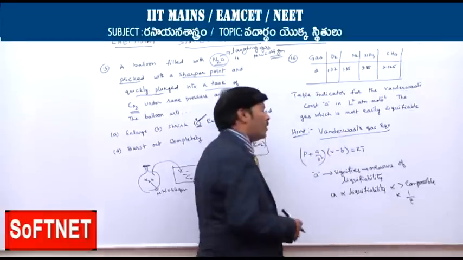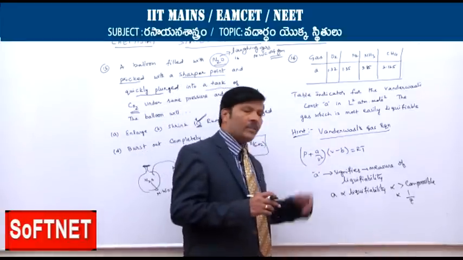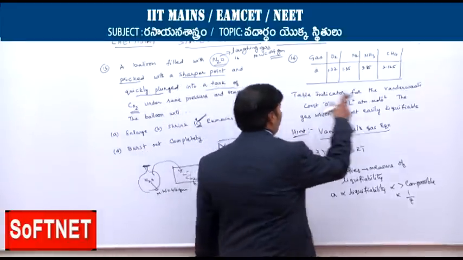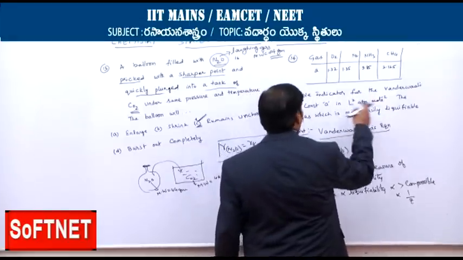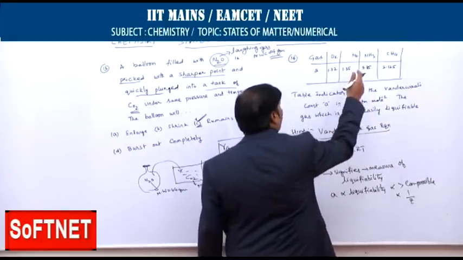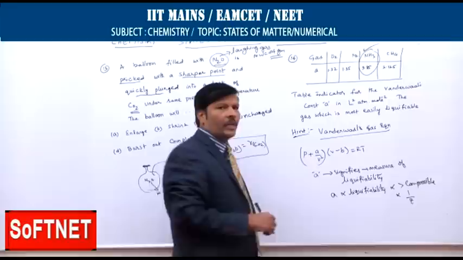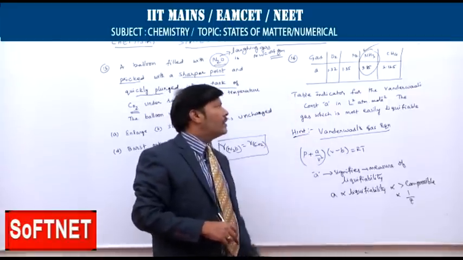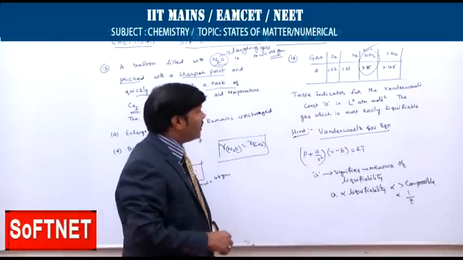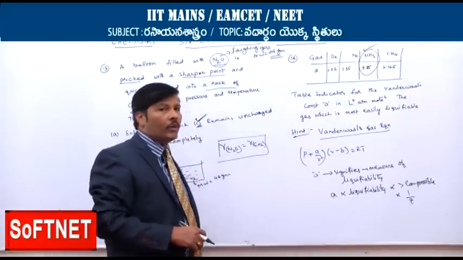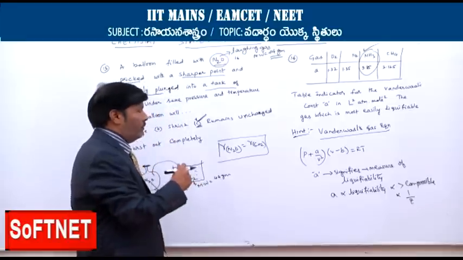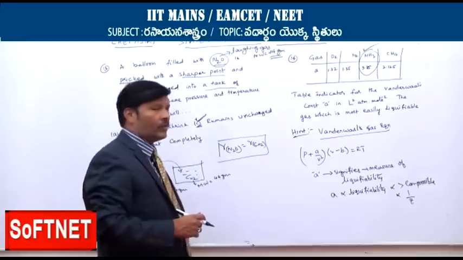Lesser is the Z value, more is the liquefiability, more is the A value. So in these 4 options, the table indicates ammonia is the gas which is more liquefiable because its value is 3.85 liter square atmospheres per mole square, which you have to keep in mind.